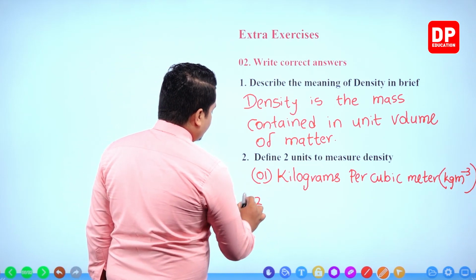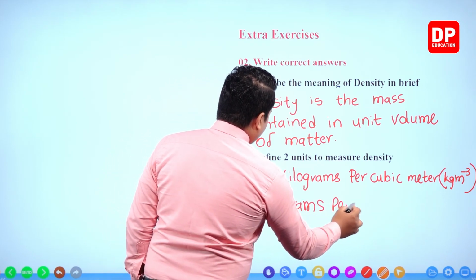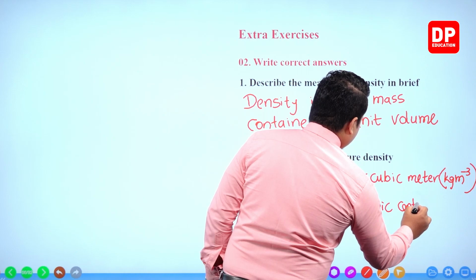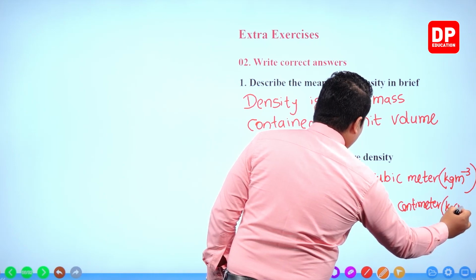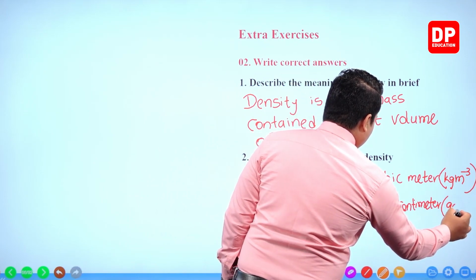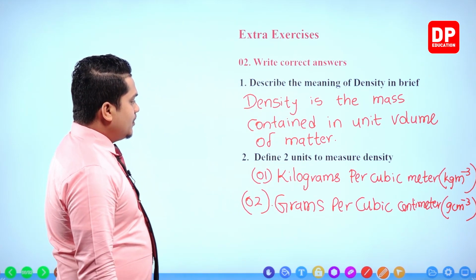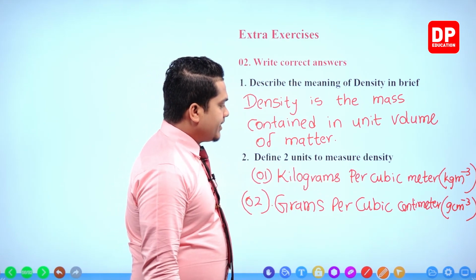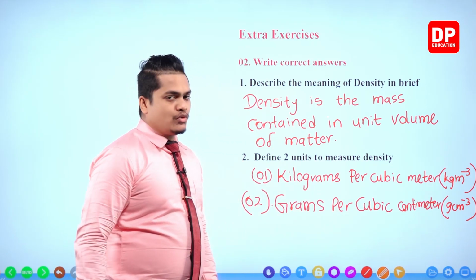Number two, grams per cubic centimeter. Sorry, not kg, it should be grams, right? So g cm to the power -3. So the two units to measure density: kilograms per cubic meter, kg m to the power -3, and grams per cubic centimeter, g cm to the power -3.